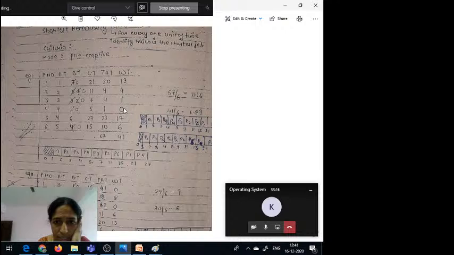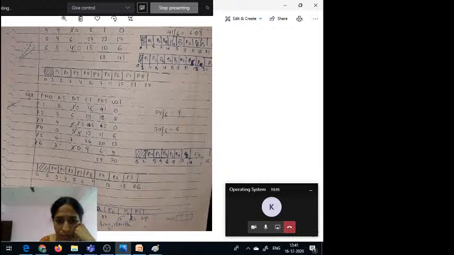Here 1 minus 1, 0. 23 minus 6, 17. 10 minus 4, 16. So these all are the waiting timings. That means total waiting time is 41. This is the average turnaround time and average waiting time. Suppose this is another question.